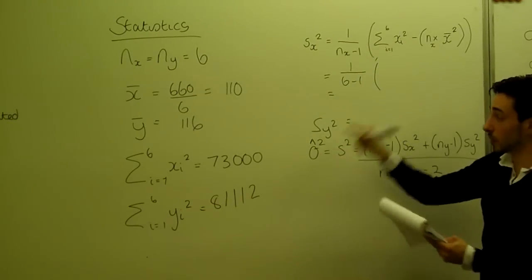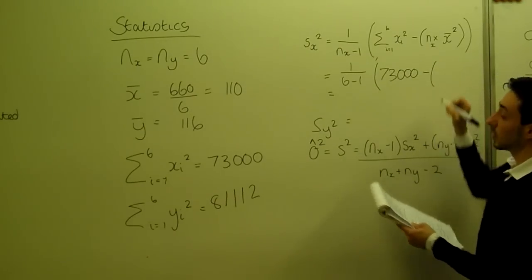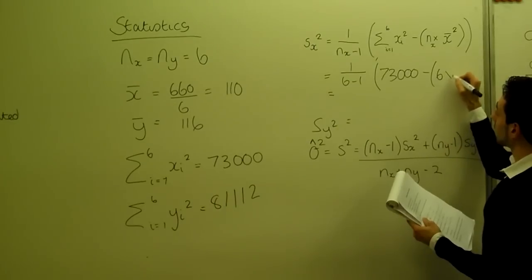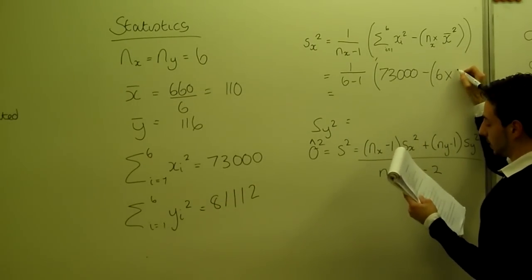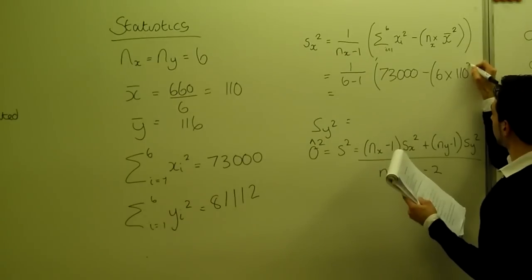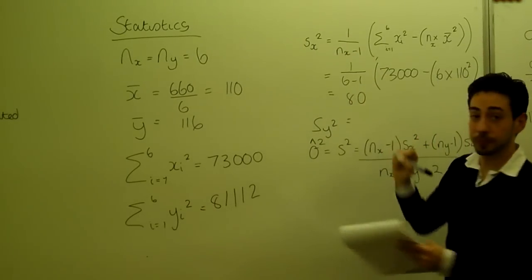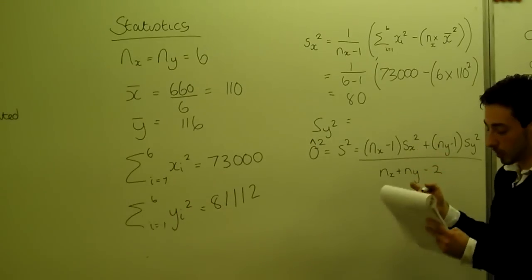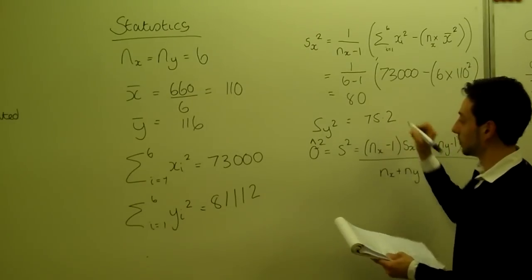We've calculated this over here, so that's 73,000, minus 6 times x bar squared, which would be 110 squared. And we can calculate this to be 80. We can do our sy squared in the very same way. So we can say that's 75.2.